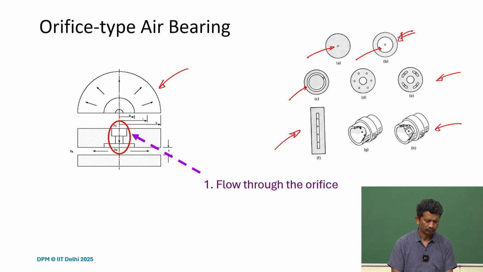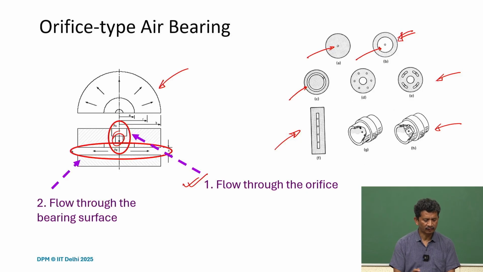Only the half section is shown, and what is important to understand in this kind of bearing is the flow through the orifices. The supply pressure is fed, and of course it has to be clean and dry. So it should be supplied, and first it passes through this orifice. That is one kind of restrictor, and then it flows through the bearing surface.